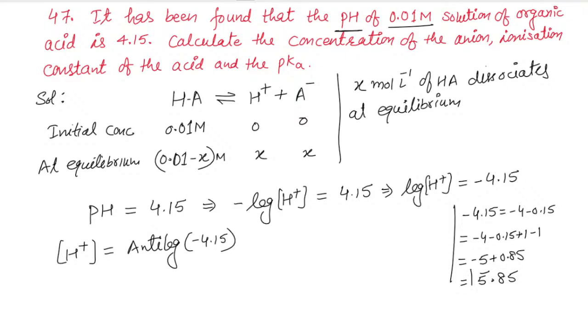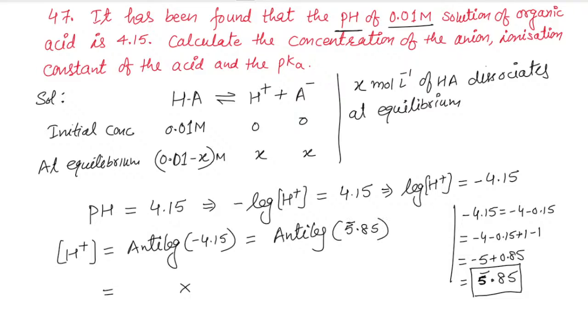It means minus 4.15 can be written as 5 bar 0.85, where the number 5 is negative and 0.85 is positive. So it becomes the anti-log of 5 bar 0.85.